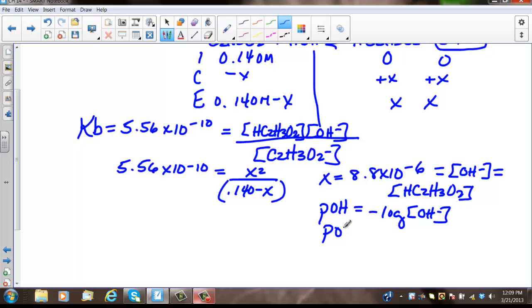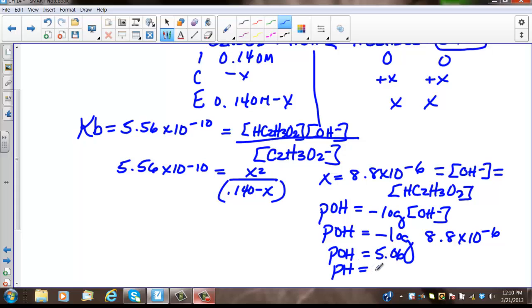So pOH is going to be equal to the negative log of 8.8 times 10 to the minus 6. So I'm going to get a pOH equal to 5.06. That means that my pH after subtracting from 14 is going to be 8.94. So we've found our pH.